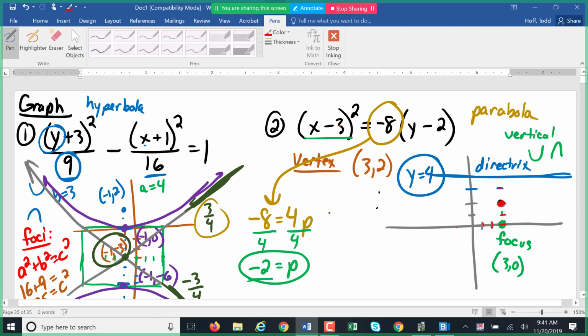So if I go straight 4 units to one side, that's 4 units from the focus and 4 units from the directrix. I go 1, 2, 3, 4 units to this side. That's 4 units to the focus and 4 units to the directrix. So I know those 2 points are on the parabola. So then we can just go from there. So this is kind of a wide parabola here.